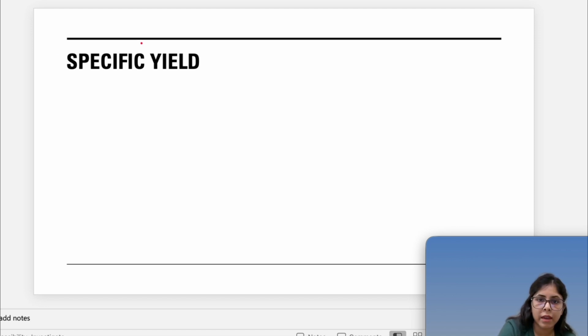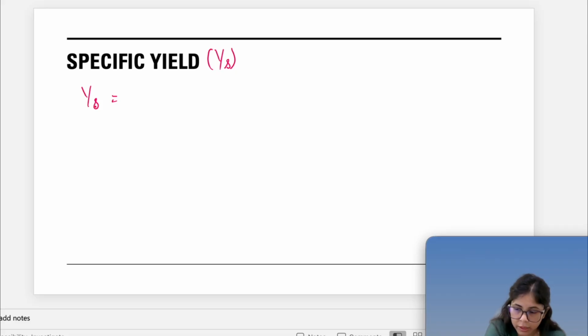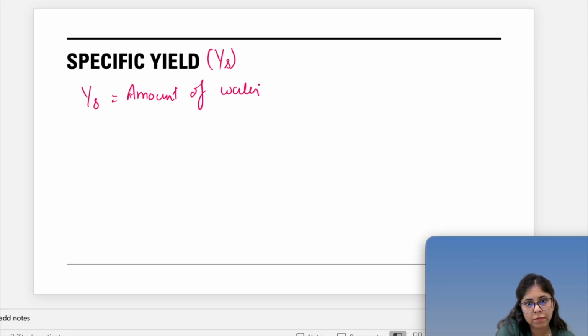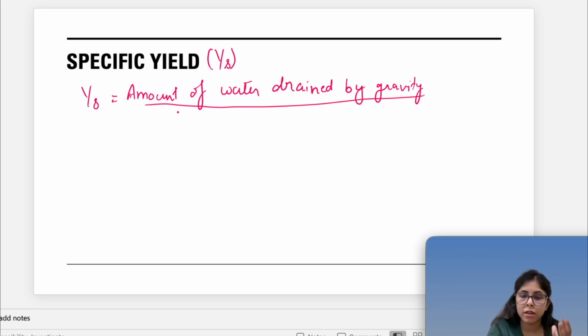We will denote it by Ys, specific yield. So Ys is the amount of water that was drained by gravity, divided by the total amount of medium from which it was drained.